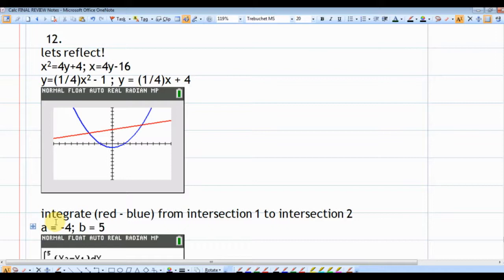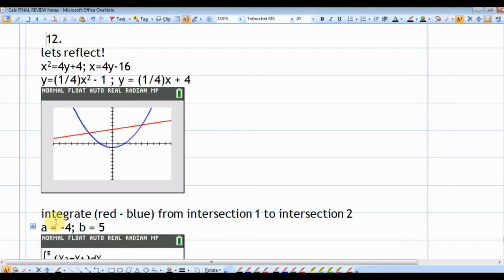Okay, how do you do this? Second calc. There are 2 points of intersection now.